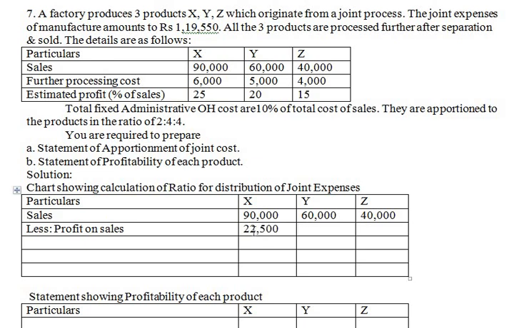Same thing for product Y, that is 60,000 into 20%, 12,000. And for product Z, that is 40,000 into 15%, that is 6,000. Hope everybody is understanding this.